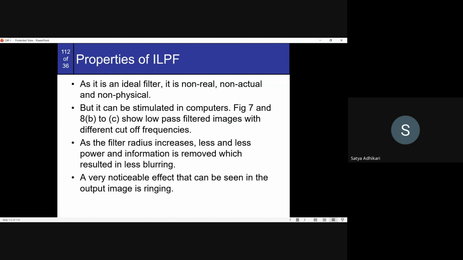As it is an ideal filter, it is non-physical and cannot be realized as actual hardware, but it can be simulated in computers.